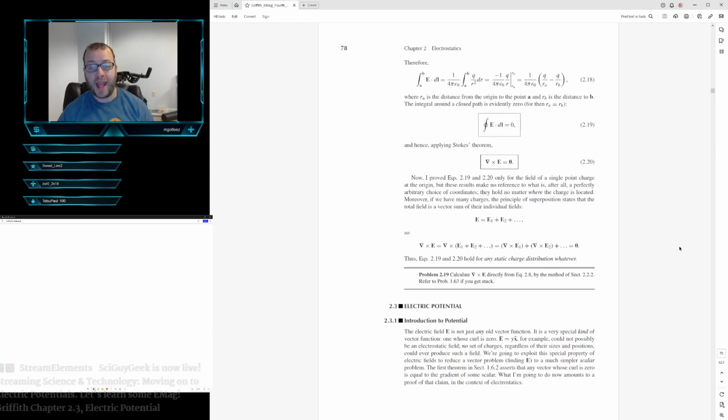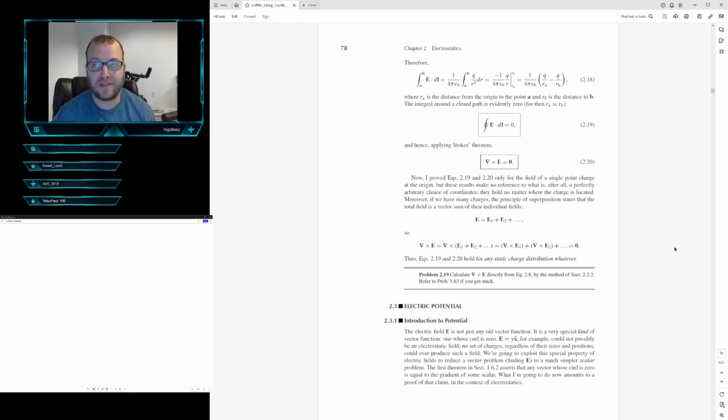And this holds for any static charge distribution whatsoever. So because we have this zero curl, we can do some fancy things.